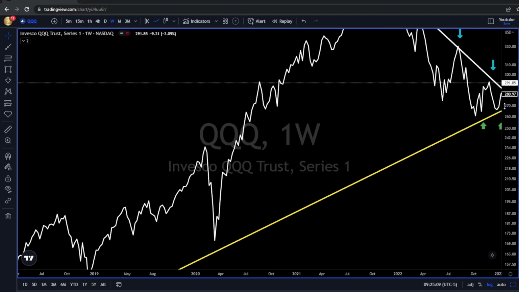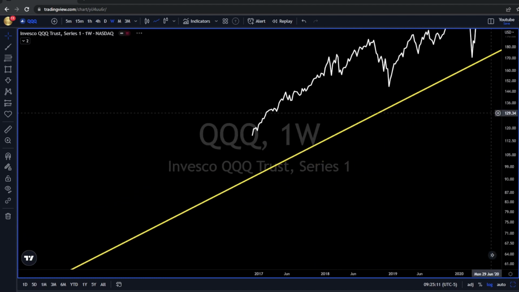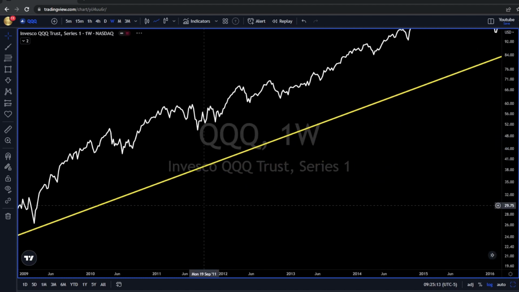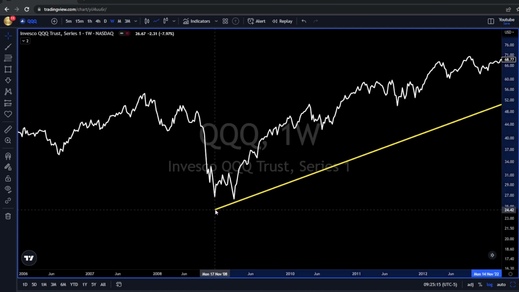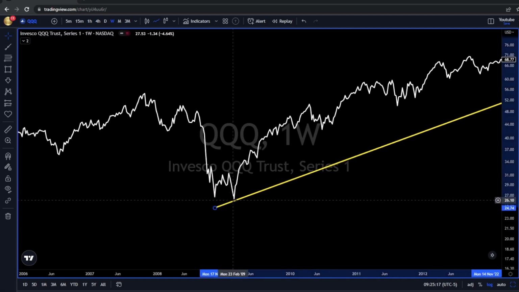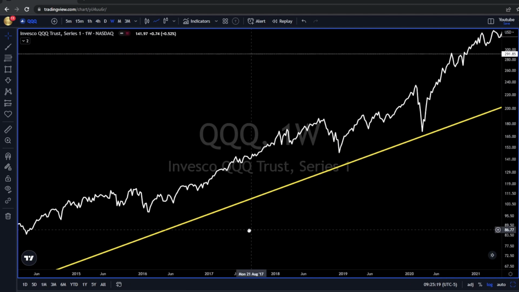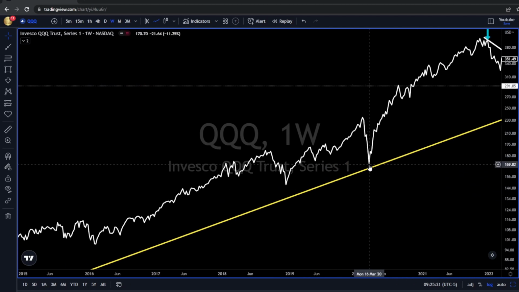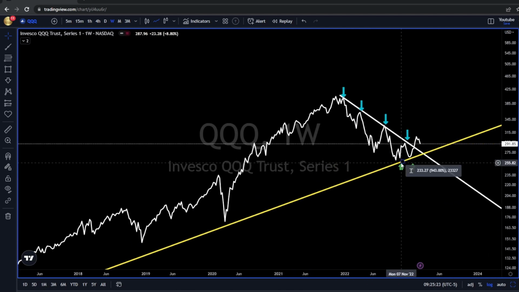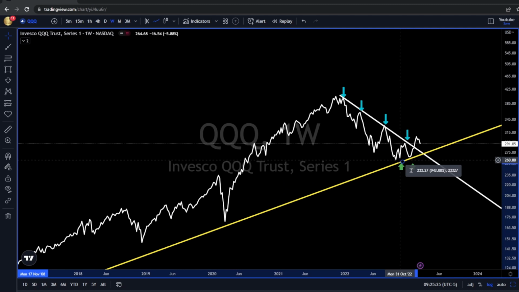This yellow trend line, if you're following me on Twitter and you saw previous videos in the past few weeks, you know this trend line goes all the way back to 09. It held this one here, March 20, and now held all the lows, the higher lows of 2022.